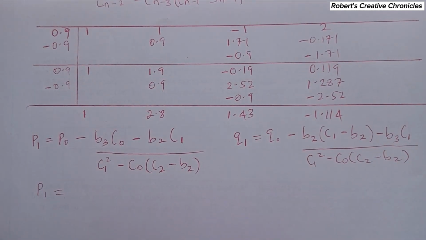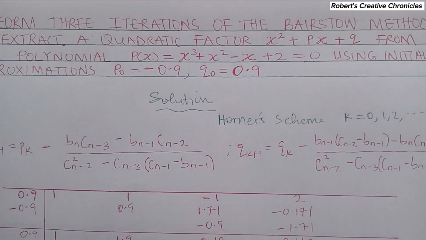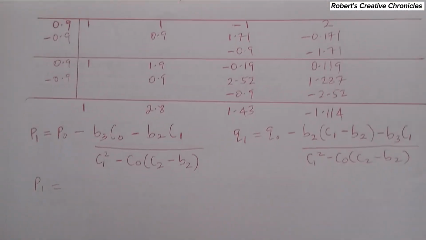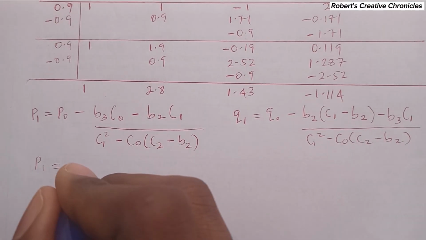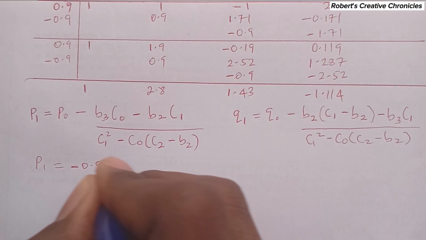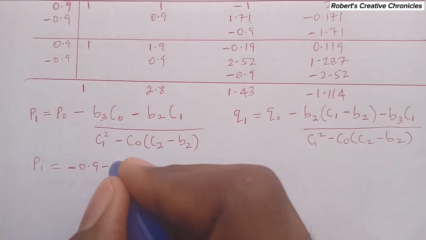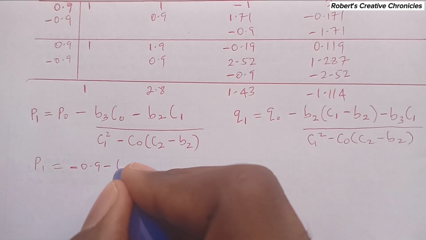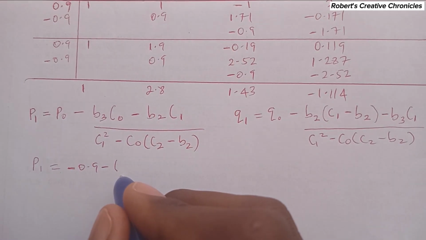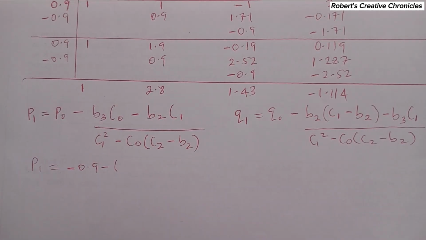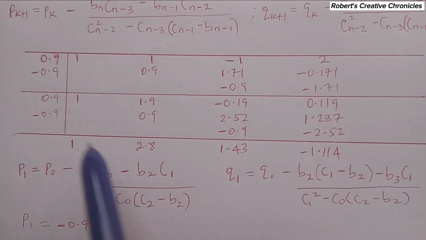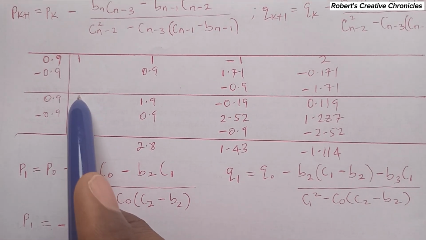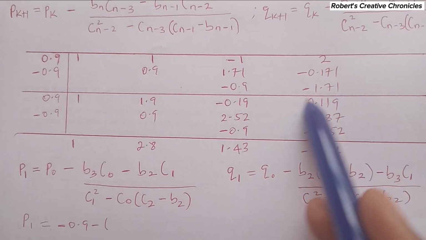P0 is what? From the equation, P0 is negative 0.9. Negative 0.9 minus, what is B3? This is B0, B1, B2, this is B3.